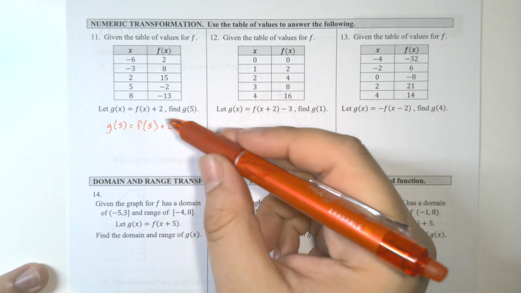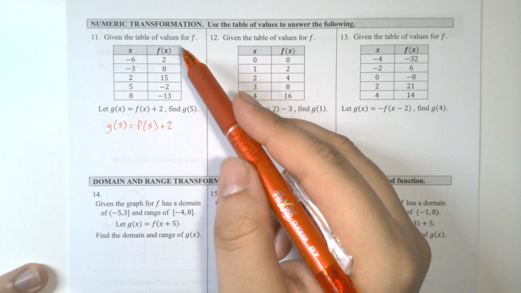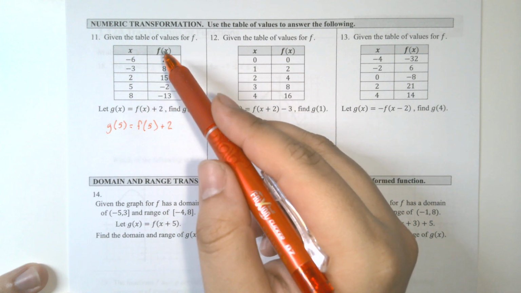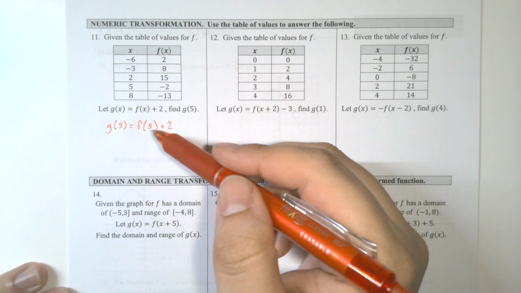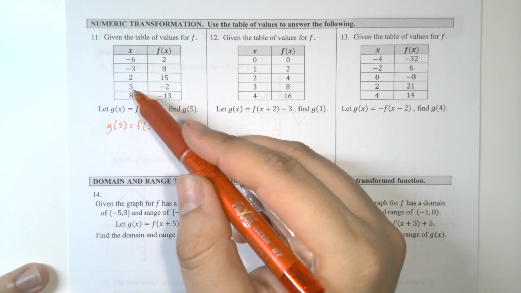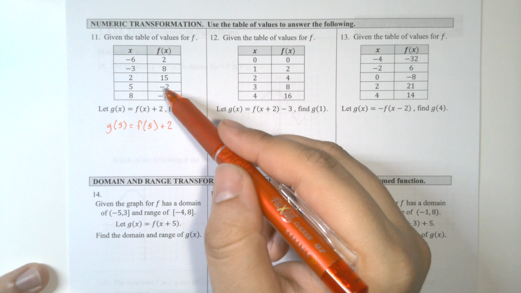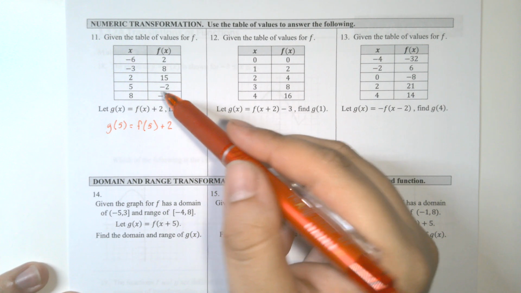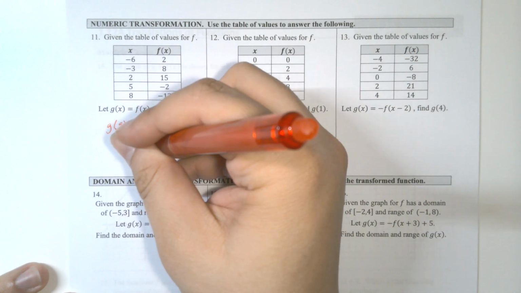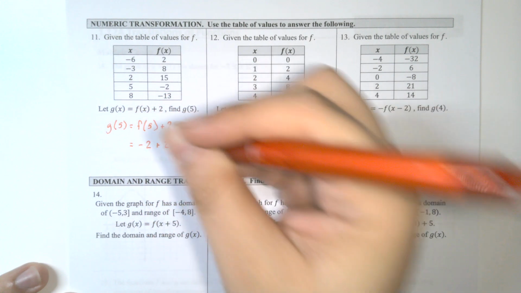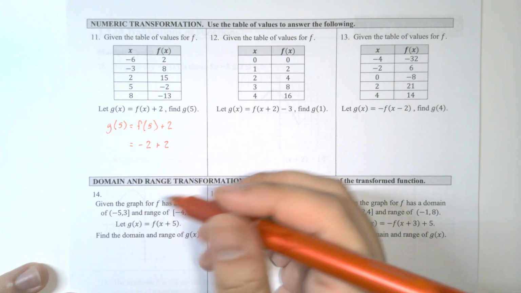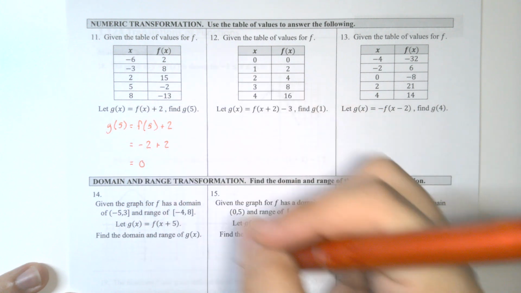Well, we're already given what f of 5 ought to be. So f of 5 is just saying that, well, what's the y value when x is equal to 5? Well, when x is equal to 5, f of x is equal to negative 2. So this gives us negative 2 plus 2, and combining this, we get 0.